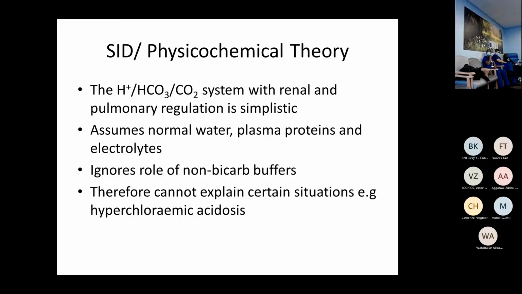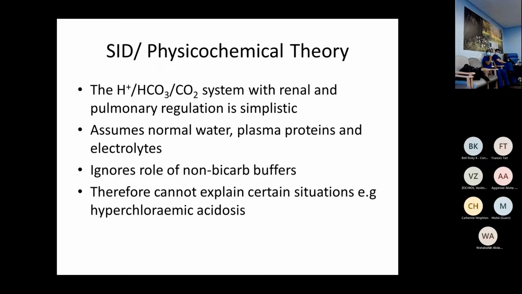And we ignore the role of the other non-bicarbonate buffering systems. And so there are certain scenarios which we can't explain. Hypovolemia, hypervolemia can affect acid base. Water itself can act as a buffer. It dissociates, as we said before, not very strongly, but it dissociates into hydroxyl ions and hydrogen ions.